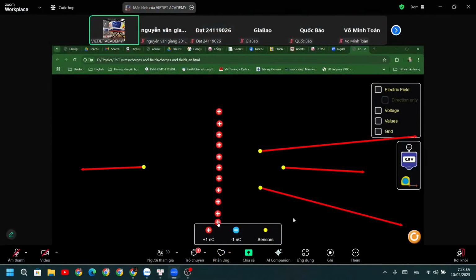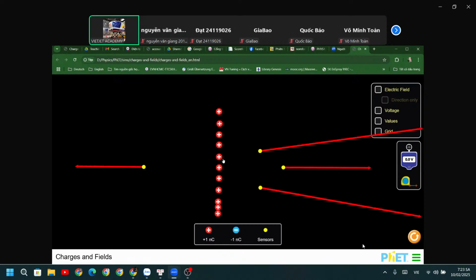The electric field at this point can be different, but you can see that the direction of the electric field here and there is perpendicular to the segment.